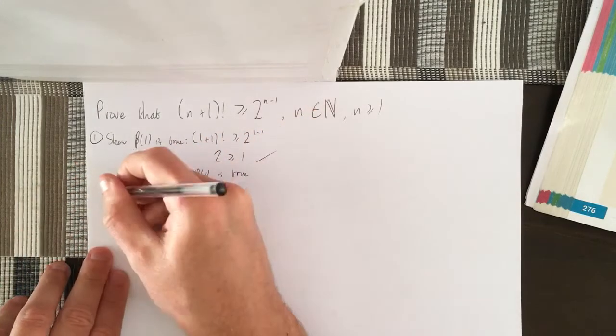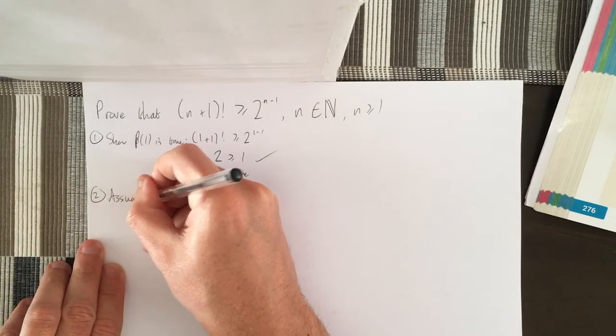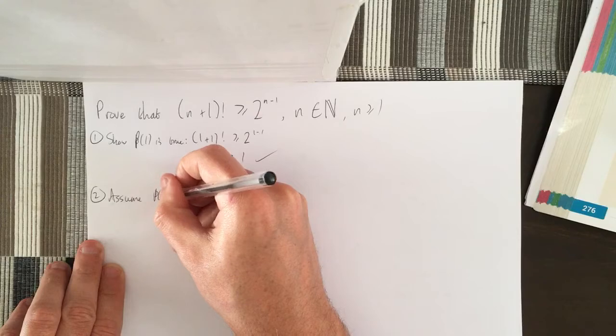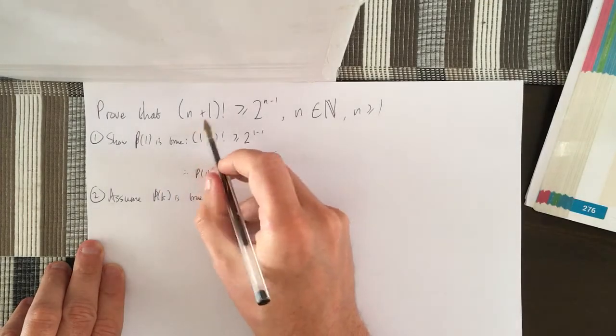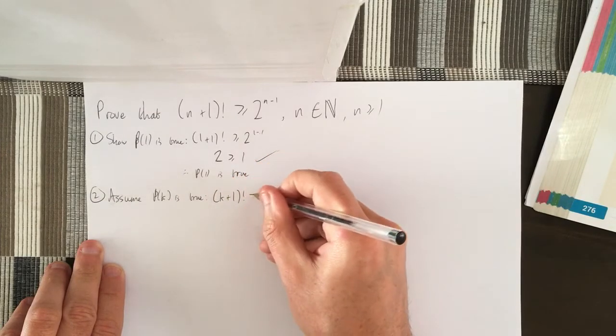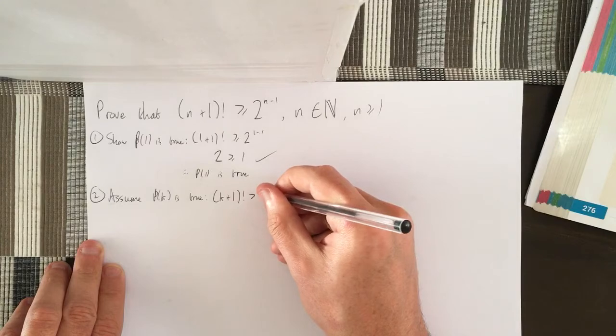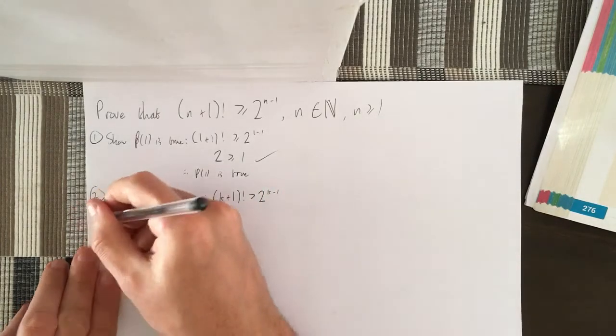Second step, assume Pk is true. So (k+1) factorial is greater than or equal to 2 to the k minus 1.